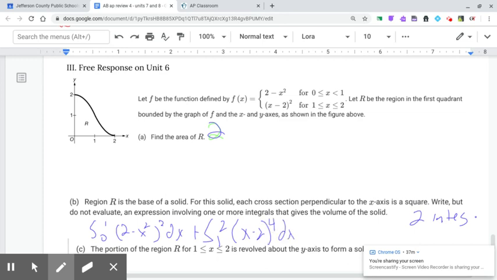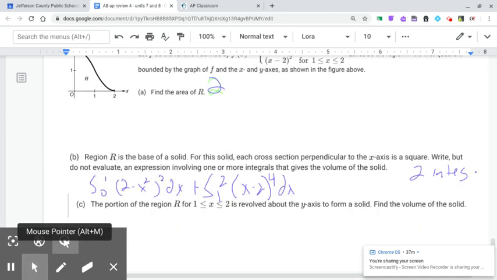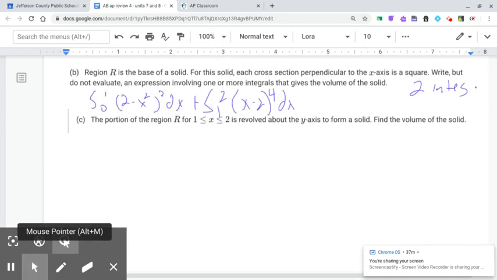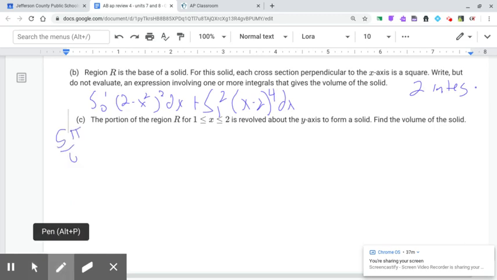That was my answer there. And for the last one, that one killed me. I had to fight it out between two methods, and I decided on 5 pi over 6 as the volume.